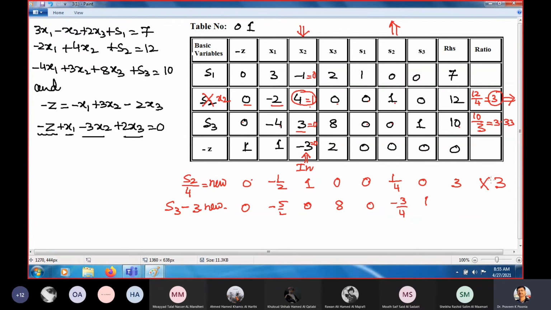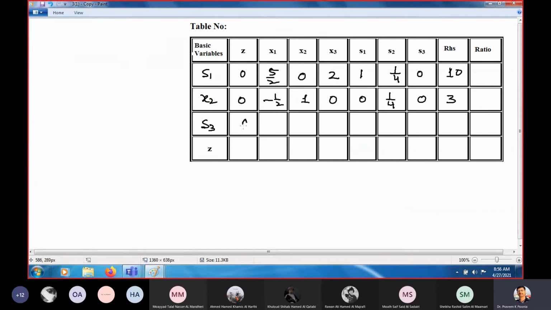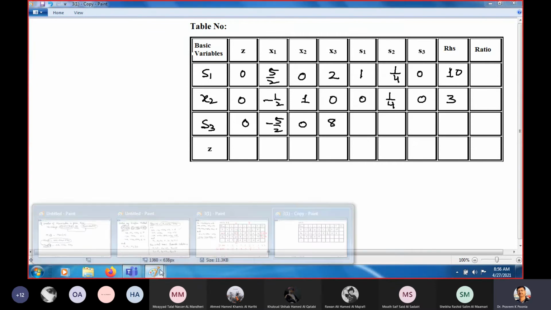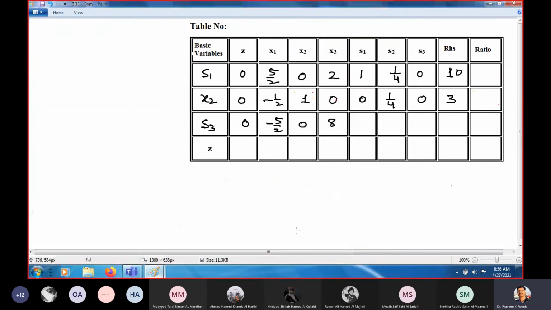And 10 minus 3 times 3 is 9. 10 minus 9 is 1. So 0 minus 5 by 2, 0, 8. And 0 minus 3 by 4, 1, 1.